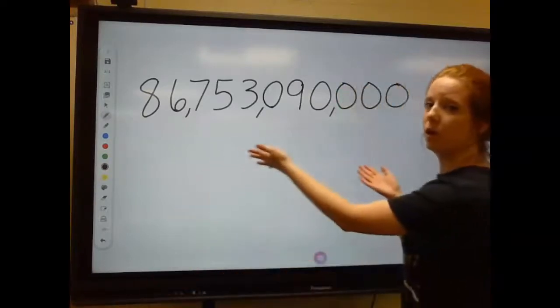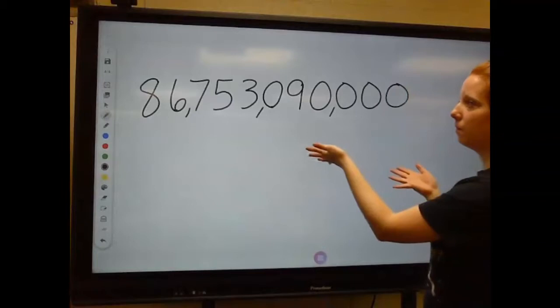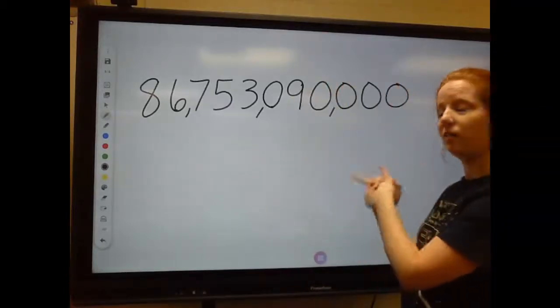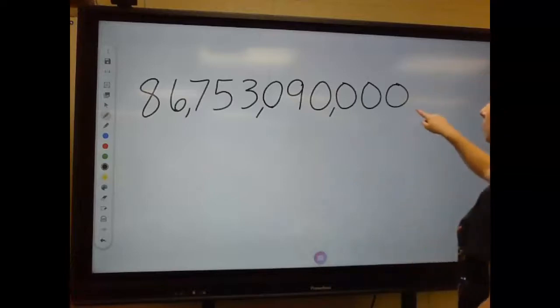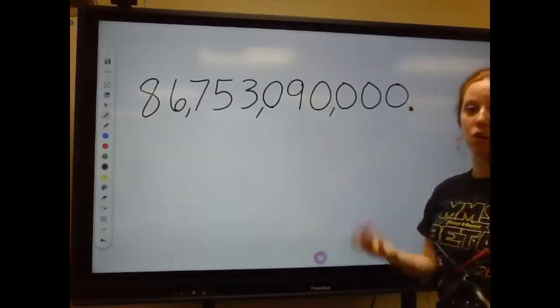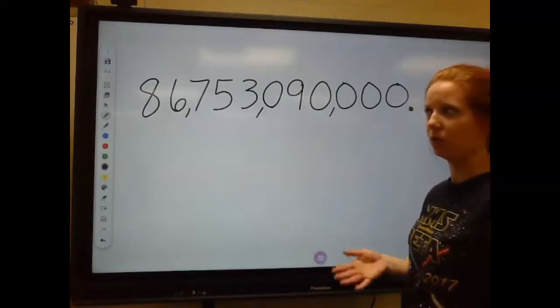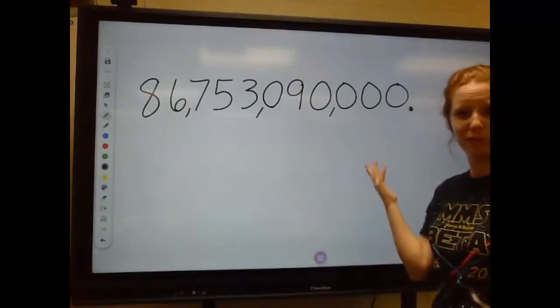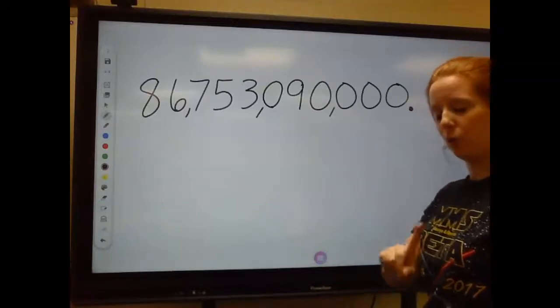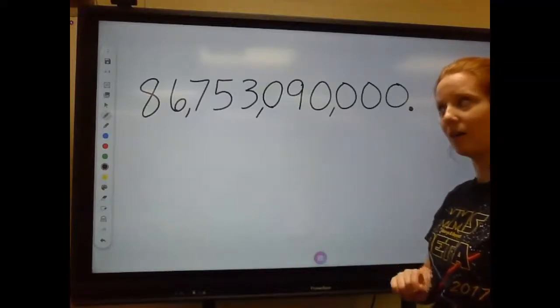So with this, we have a large positive number that is a whole number, okay? And these types of numbers have an imaginary decimal at the end of them that nobody ever writes, just because there's really no point in putting it there. We're again going to move our decimal until there is only one number on the left-hand side that's not a zero.